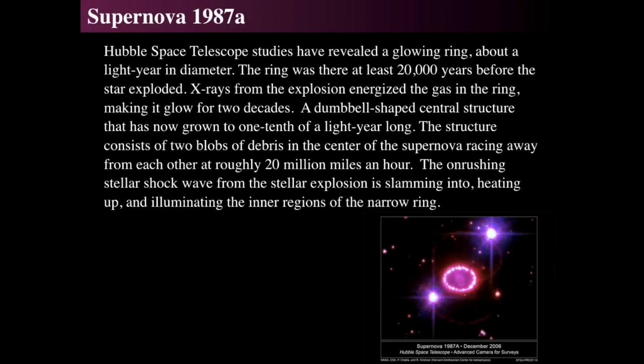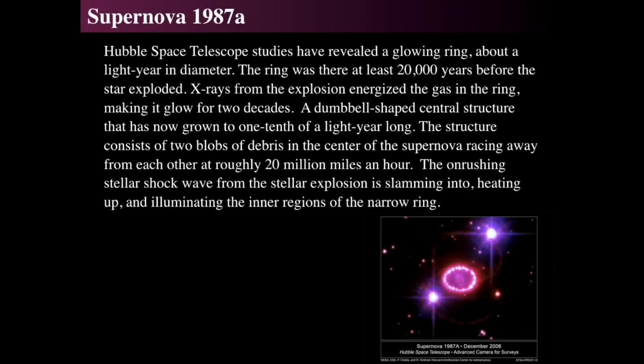So when this was looked at, it was determined by subsequent Hubble observations that this glowing ring exists. That really bright ring in the center has been there for about 20,000 years before the star exploded. And when the X-rays from this explosion energized all the gas, it's making it glow.